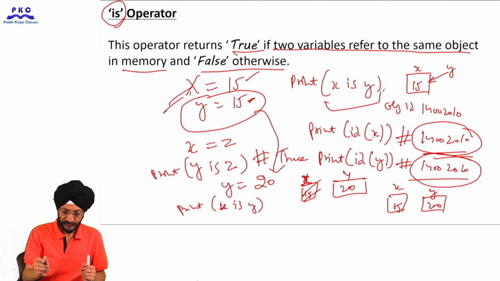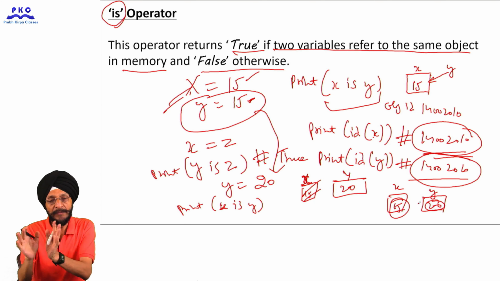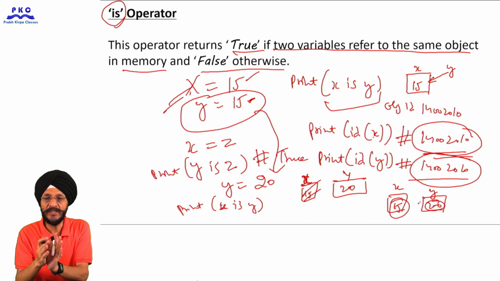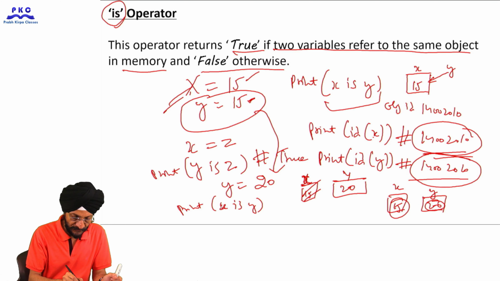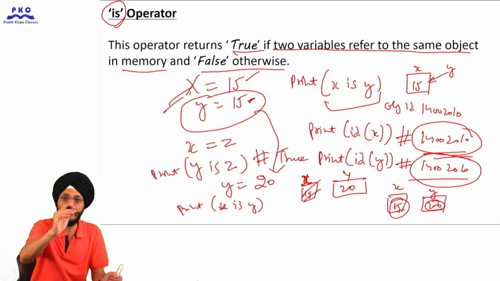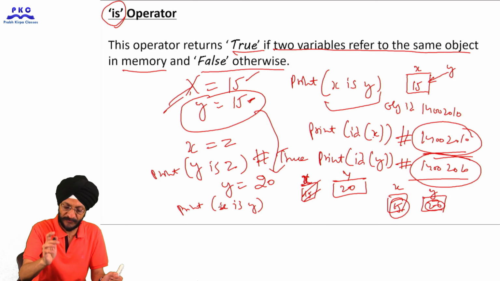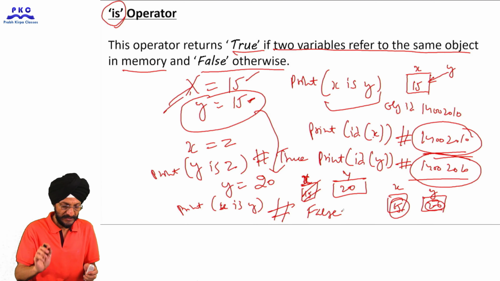But now x and y have different objects. Their memory address, memory location of both the objects is different. So here when we use x is y, when the information contained in both x and y is different, the output given will be false because the memory address will change.